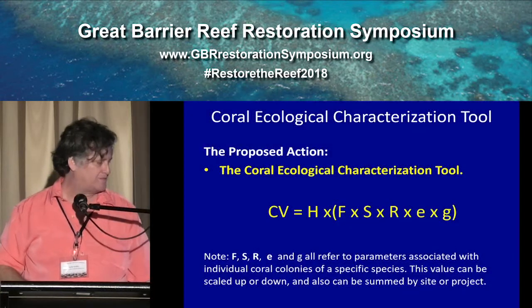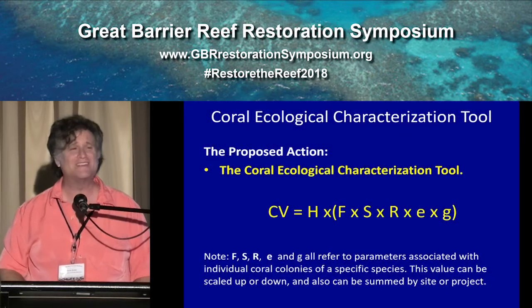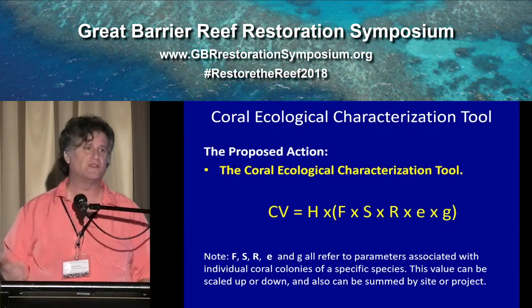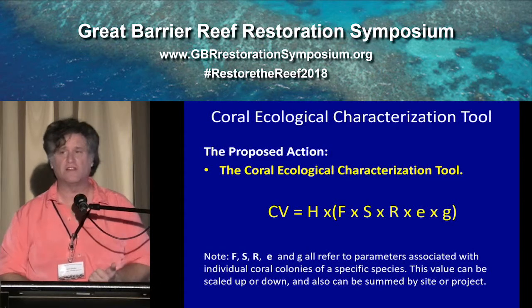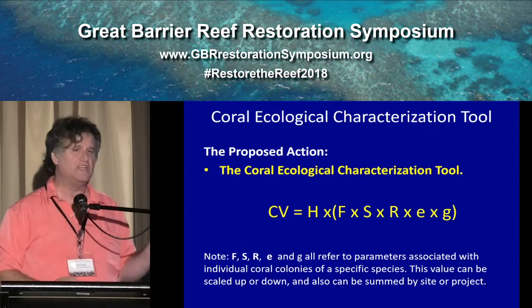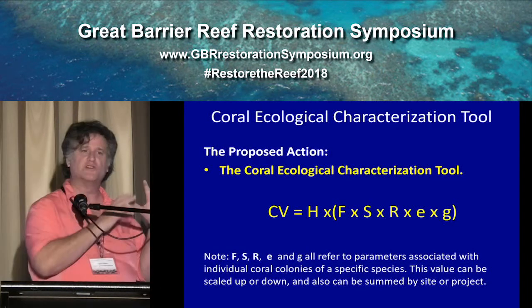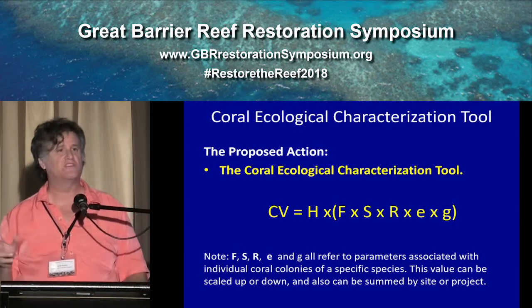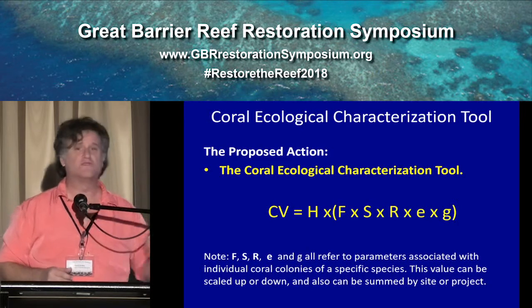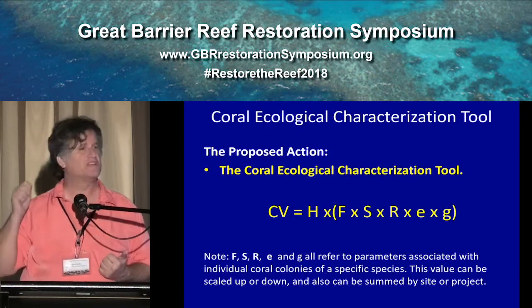And let's just do that. So this is the model. It's very simple, and we wanted it simple, we wanted it transparent. Basically what it says is that your characterization value, your ecological characterization value, is equal to two aspects of what you measure. The first being the habitat type, the second being characteristics associated with each coral colony. F is form, the form of the colony. Is it branching? Is it massive?